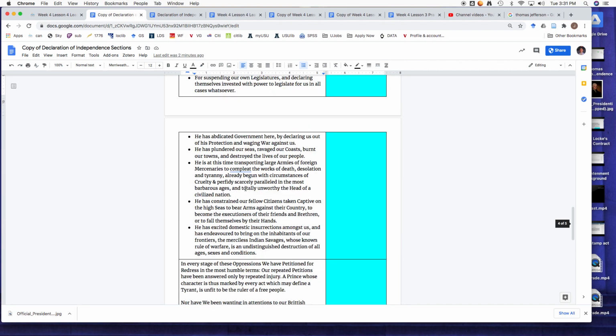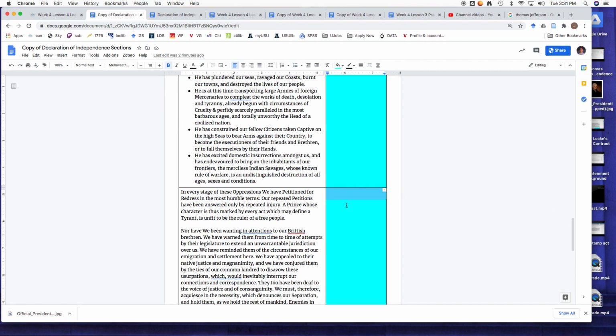And then this next section right here, this is the second body. And basically it's saying this: we have done all we can to stop this. Okay? In every stage of these oppressions, we have petitioned for redress in the most humble terms.